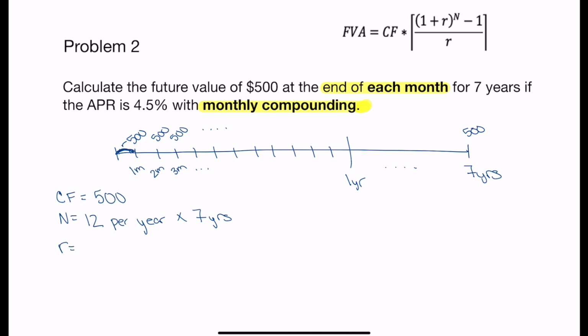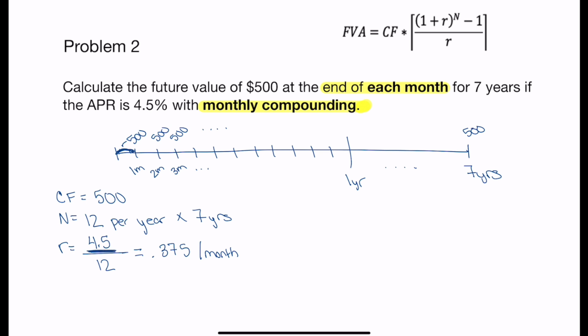And now our R, because the compounding and payment frequency match, we need to solve this as the periodic rate of 4.5% divided by 12, which tells me that my rate is 0.375% per month.